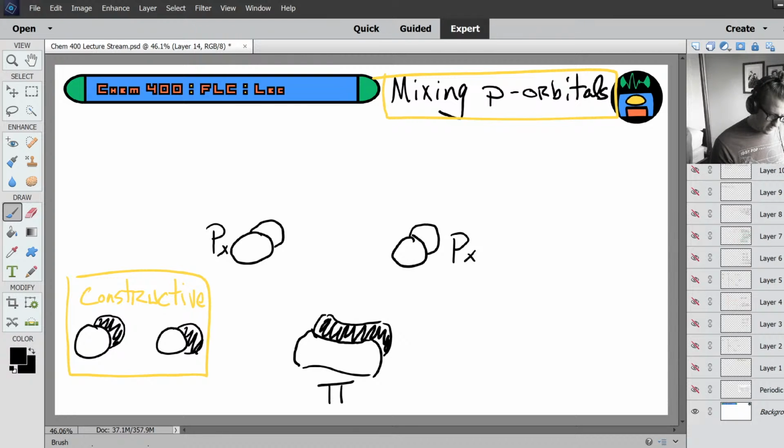This is a pi bonding orbital formed from px, mixing these two px orbitals together. When you mix these in a destructive fashion, so when your phasing's off, you get destructive orbital overlap.